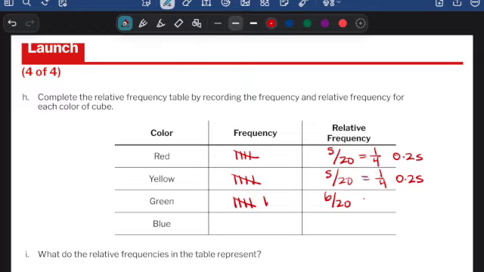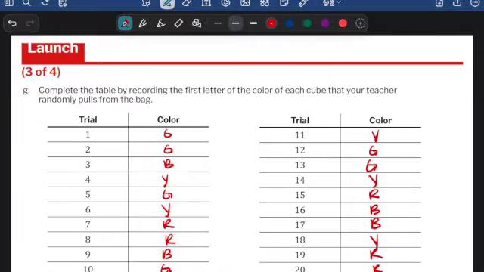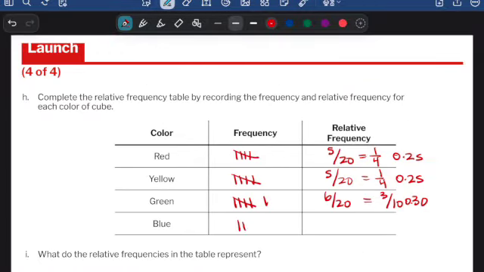We can simplify that. Divide both by 2, so that's 3 out of 10, which is 30%, or 0.30. And if we tally the blue, 1, 2, 3, 4. 4 out of 20. We can simplify that fraction, 1/5, which is 0.20, or 20%. And our percentages should add up to 100.